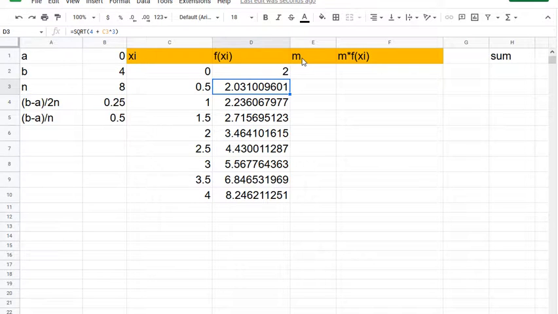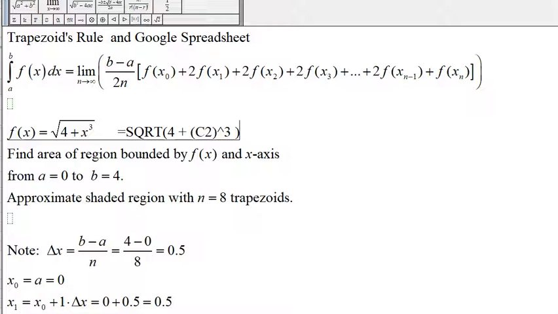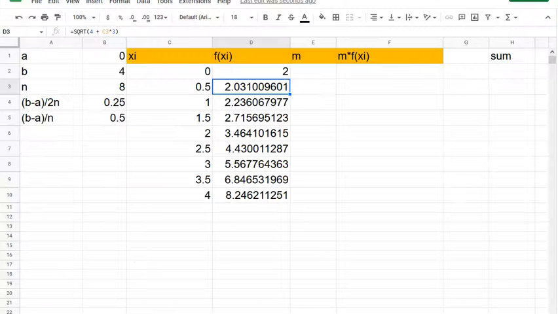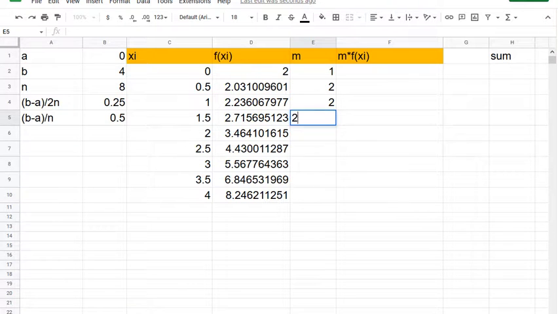And then the m is the multiplier numbers. The first one, the multiplier is 1. The last one, the multiplier is 1. And then everything else in between will be 2. And so here we would have 1, and then 2, and then 2, and then a 1.